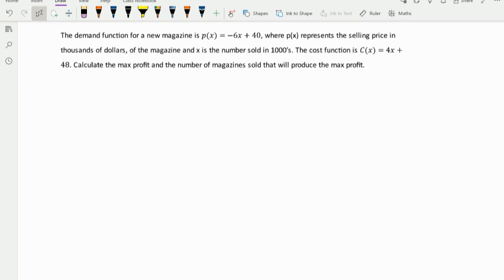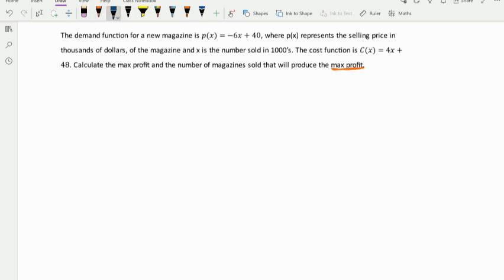The cost function is c of x equals 4x plus 48. Calculate the max profit and the number of magazines sold that will produce the max profit. All right, so we're looking for the max profit. That's what the question's asking for.